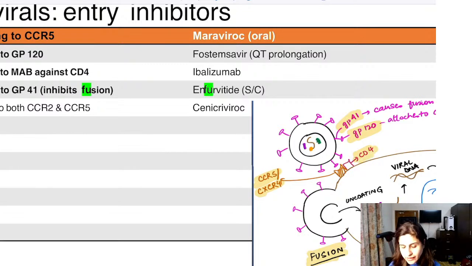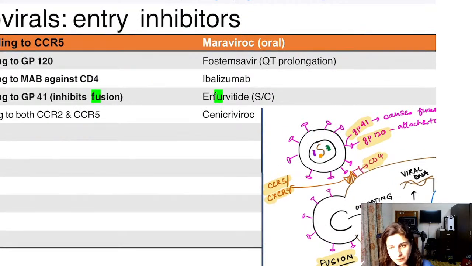They're all involved in the first step. Which drugs are there to block each of them?